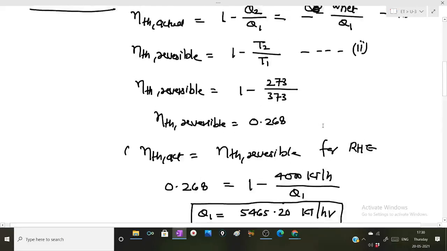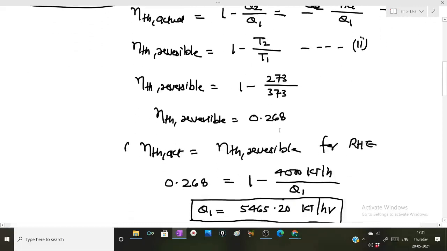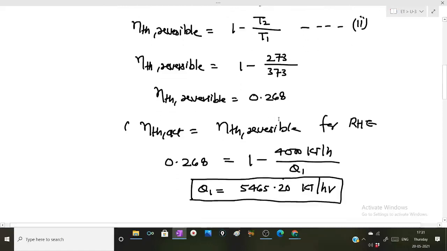Let me repeat this. What did I do? I recalled the expression of eta thermal actual, 1 minus Q2 by Q1 or W net by Q1. I recalled the expression of eta thermal reversible, that is in terms of temperature, 1 minus T2 by T1. I know the values of these two temperatures, so I could calculate the thermal efficiency of the reversible engine.